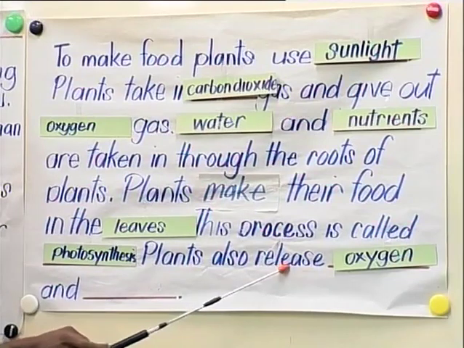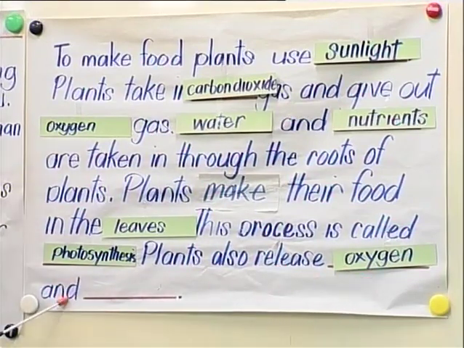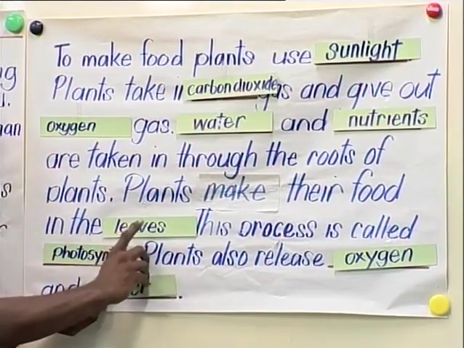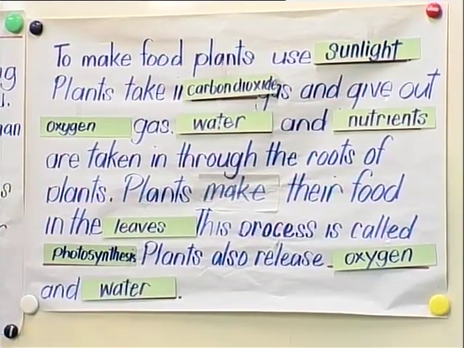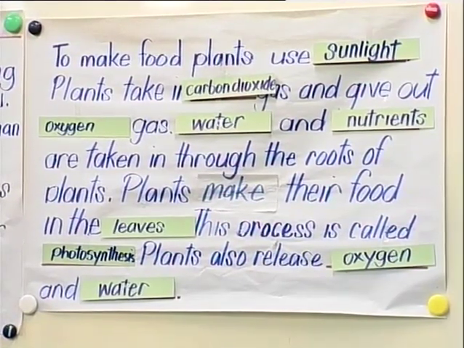Plants also release oxygen and, the last one, water. All right. So, those are the correct words in their correct spaces. Receiving teachers and students, if you have that, very good. If you have a different answer, please do your correction also.